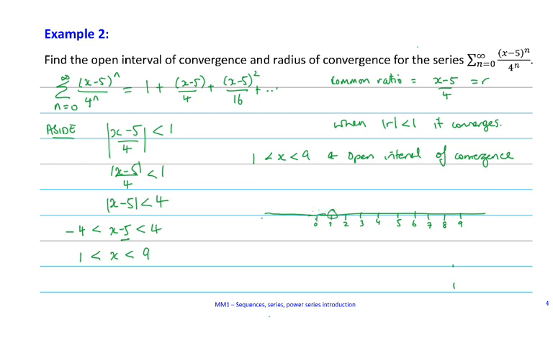It goes from here to here. Which means halfway, that's our radius of convergence. You could also do this numerically. 9 minus 1 divided by 2 is equal to 4. Okay? Any questions?